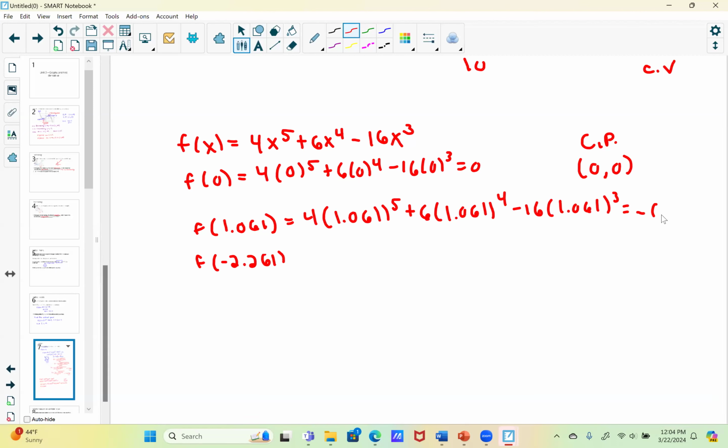So that gives me negative 6.129 rounds to. And then I'm gonna plug this also the negative 2.261 into my function.